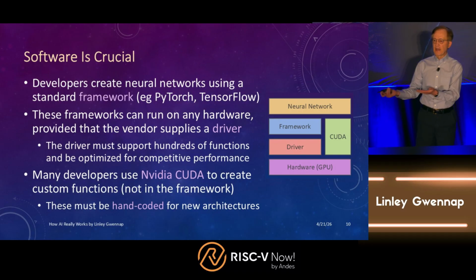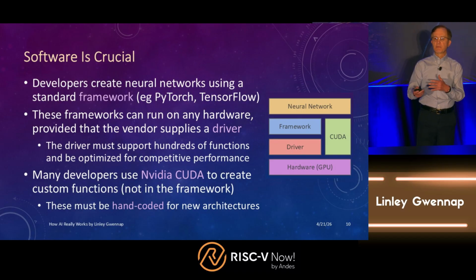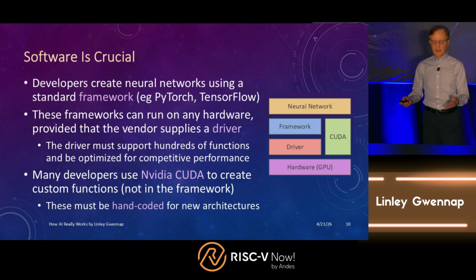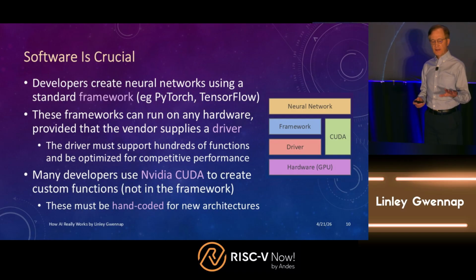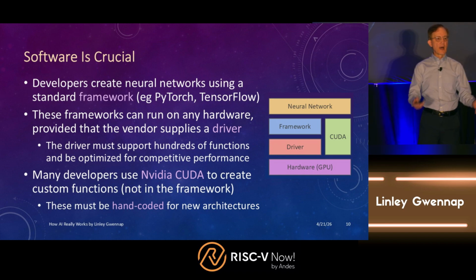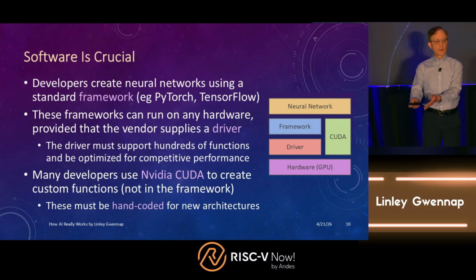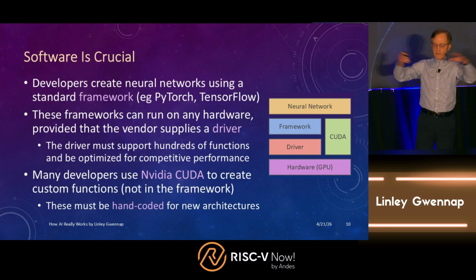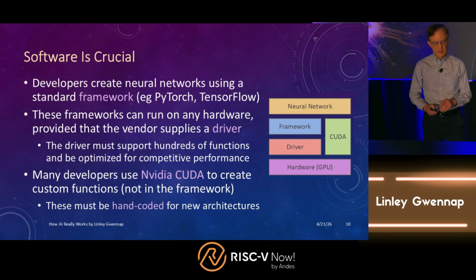And of course, Nvidia doesn't let anybody else use CUDA. So now if you say, okay, well, I have a chip, but it doesn't support CUDA, you have to work with the customer to implement whatever custom functions they have and port them over to your architecture. So now there's additional friction there. So this is one of the reasons why Nvidia has been so dominant in the AI business: the customers, once they start using CUDA, are kind of locked in, even though the framework itself is architecture neutral. So it's something that needs to be overcome.